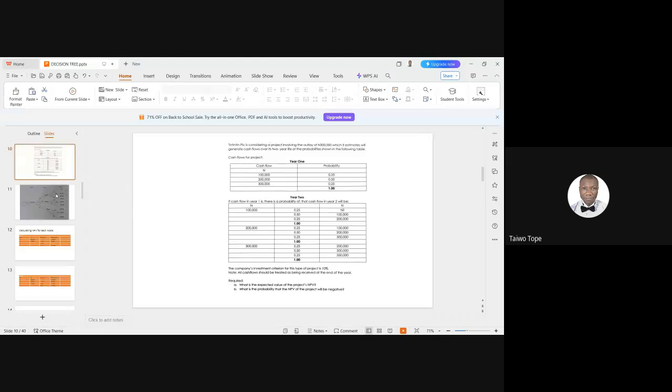Part B is asking, what is the probability that the NPV of the project will be negative? Who can speak about this?